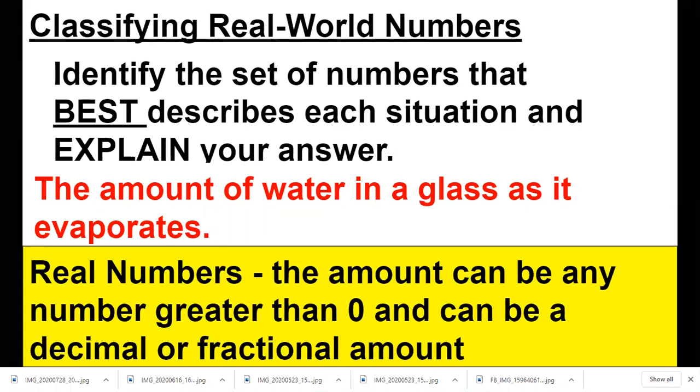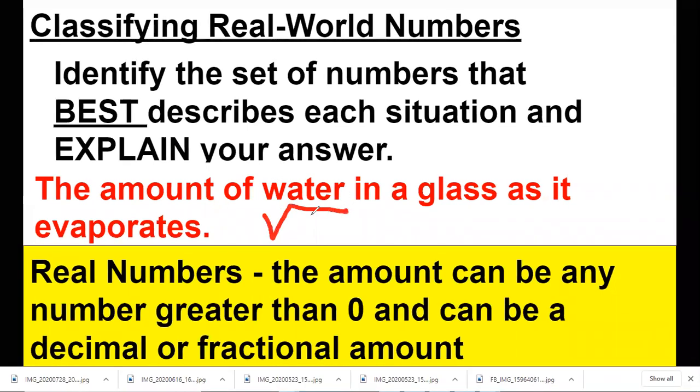It could also be an irrational number. The reason why real numbers is the best choice is because it could be some small percentage of, let's say, the square root of 8, right? It could be something like that as well. It could be some very, very small decimal amount. So real numbers is the best.